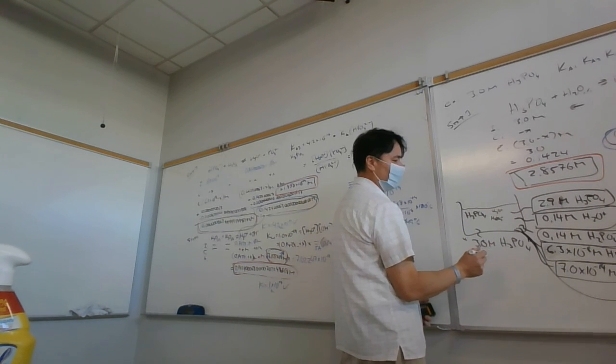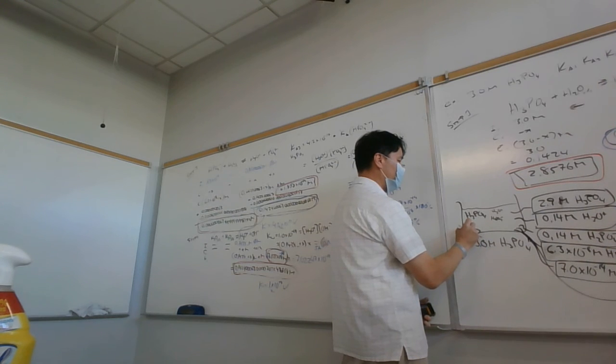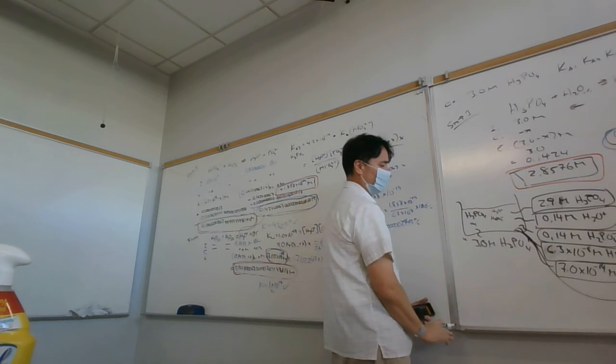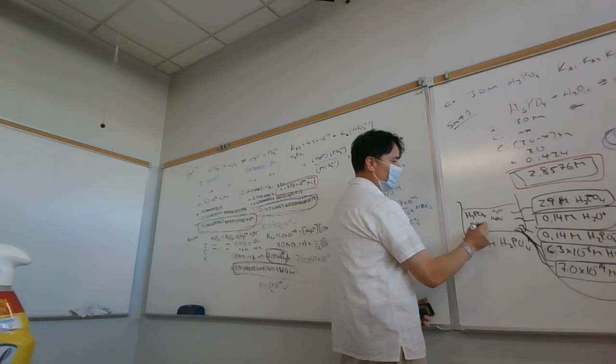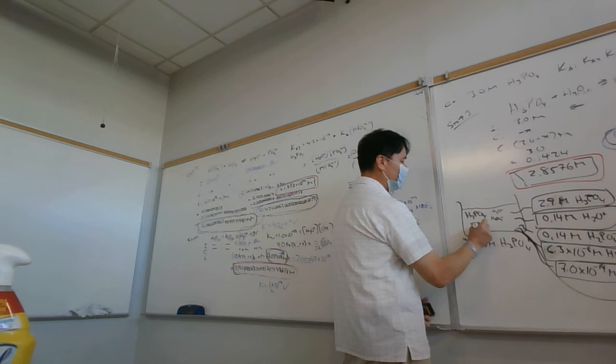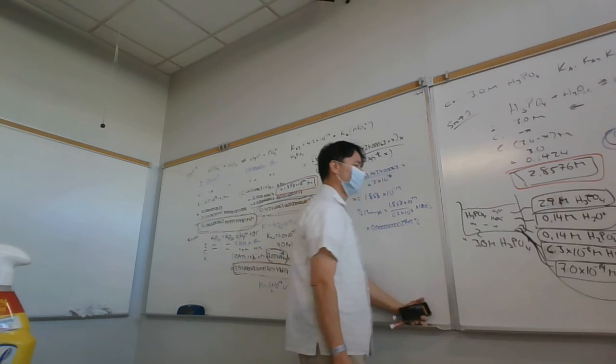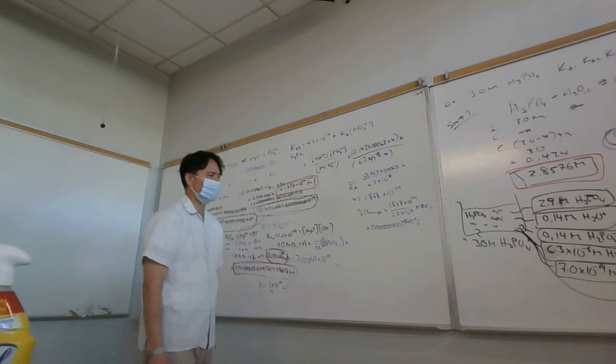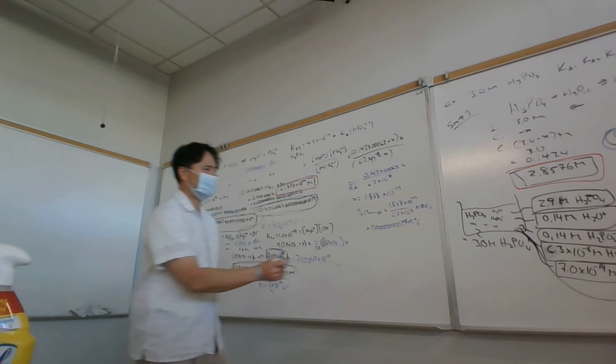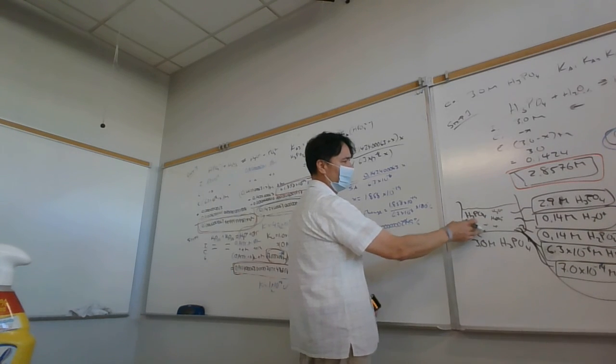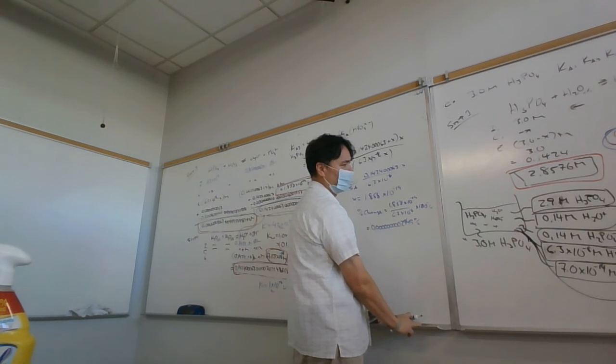And then a tiny amount of monohydrogen phosphate, which I'm trying to write very small. And then some tiny amount of hydroxide, and a very, very tiny amount of phosphate. So something like that. The size represents how much we have. I know it's impossible to read, but just trying to show that.